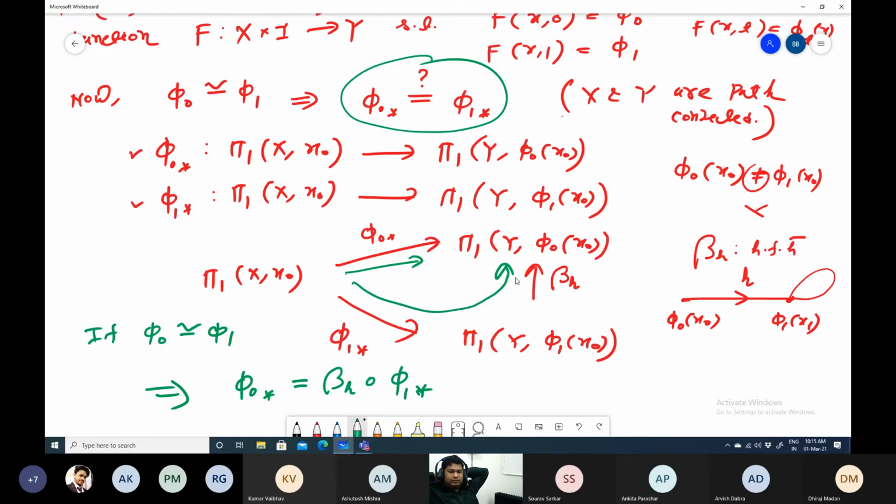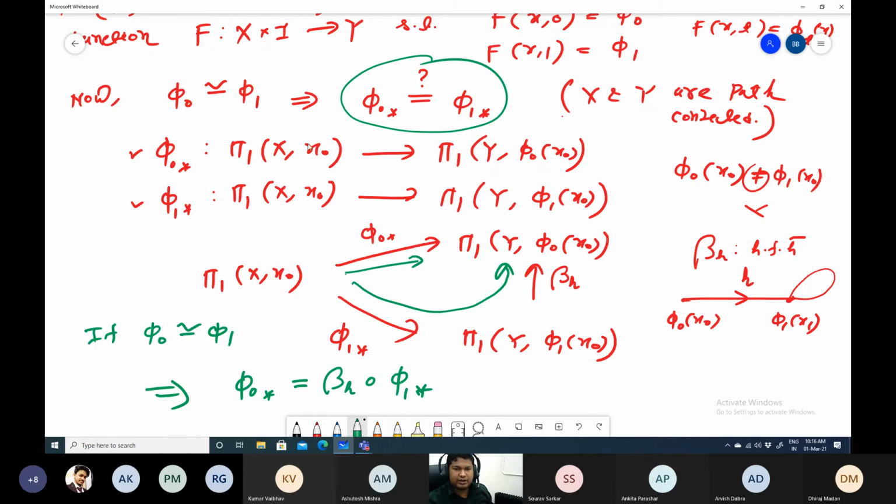No, sir, we will prove that. From the figure, is it not clear where it maps to? So did you get what your phi star is, from this space to this space?